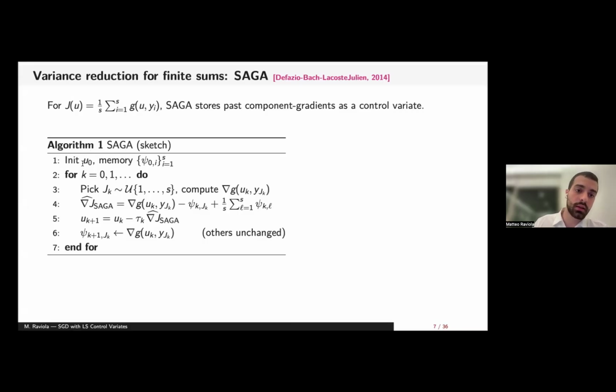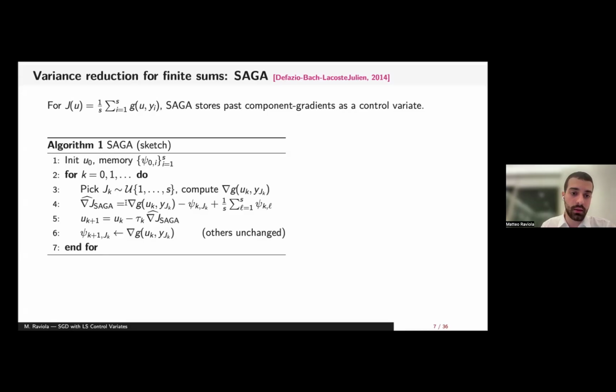So you initialize at some design, and then you initialize the memory, which is of size S, and for each iteration, just like in stochastic gradient, you pick uniformly at random one index j_k, then you compute the gradient at the current design and at that parameter y_{j_k}. And then this is the update. So this is where the control variate comes in.